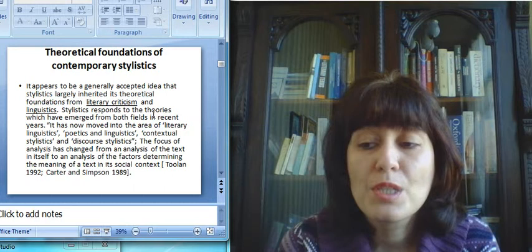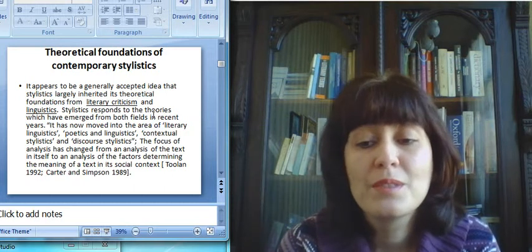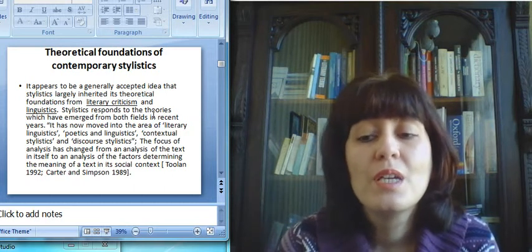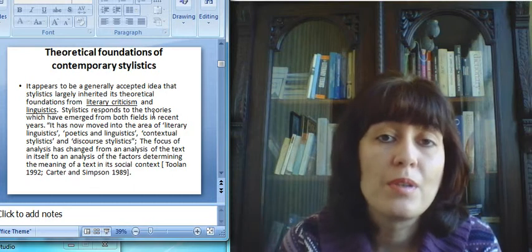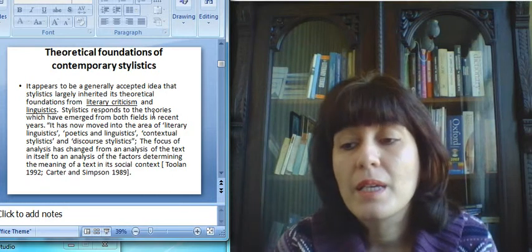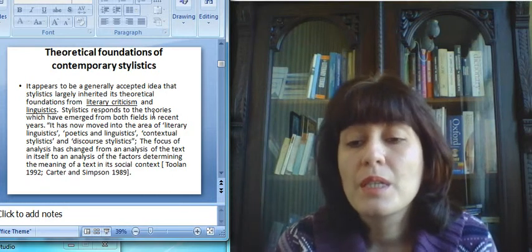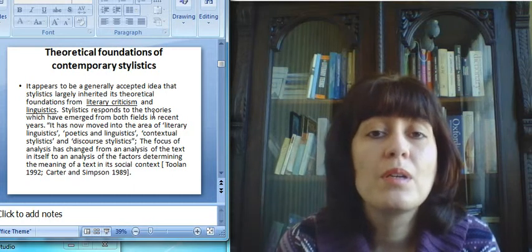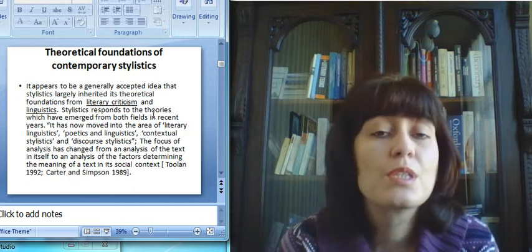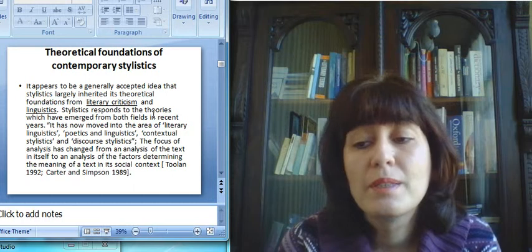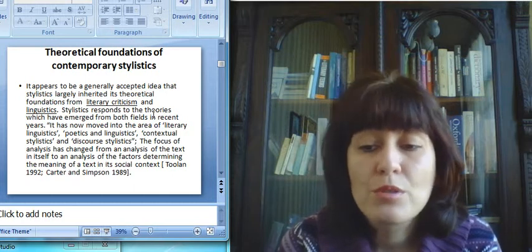Many have asserted that because of the advent of literary theory, stylistics as a study has died. However, stylistics seems to be remarkably resilient and has taken on board some of the findings of literary theory and critical linguistics.